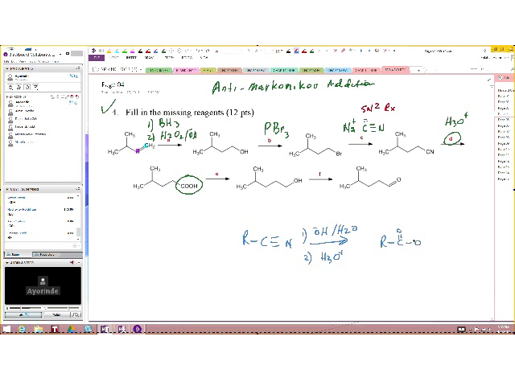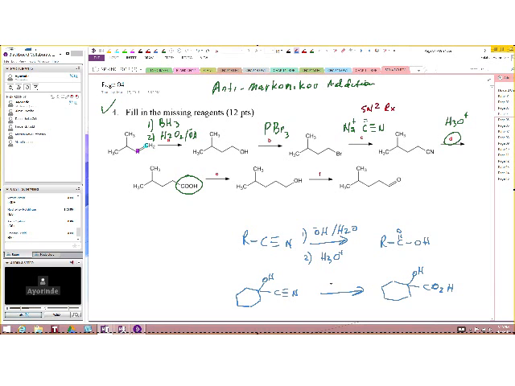You do this sometimes when you have a sensitive group in the molecule. For example, if you have this molecule here and you want to hydrolyze this to the carboxylic acid, the best reagent to use is hydrolysis under basic condition, because if you do not do that, you will be dehydrating this hydroxy group right here.